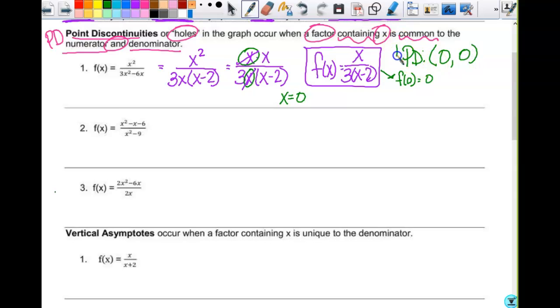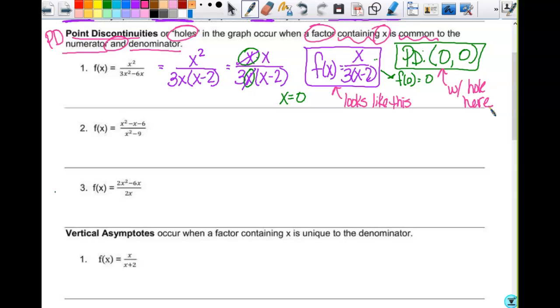So my point discontinuity is (0, 0). This is my reduced function. So my graph looks like this, with a hole here. So we reduce it, and then that's what we actually base our graph on. We just know where the hole is.